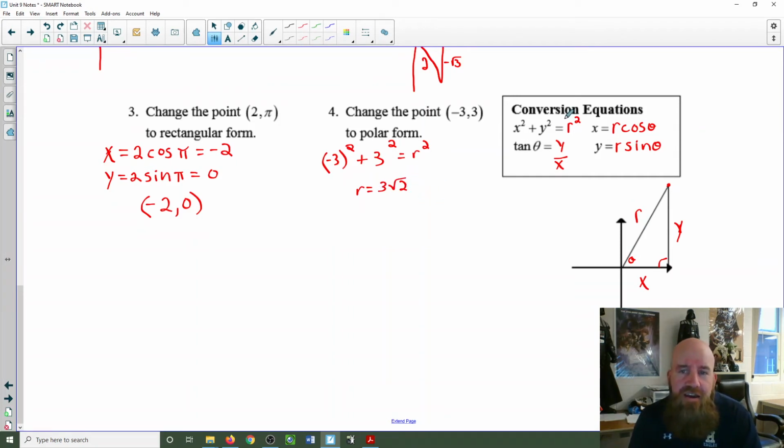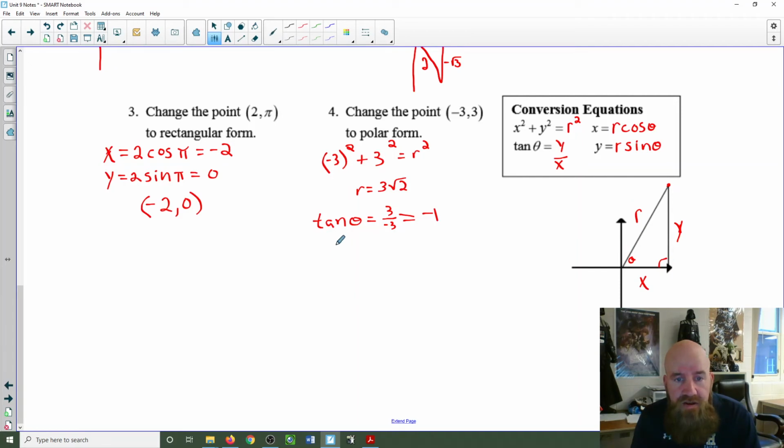And to find a theta given an x and a y, we could use the tangent equation. So tangent of theta equals, y is 3, x is -3, so that would be -1. Tangent would be -1 in the second and fourth quadrant. We're just going to worry about the second quadrant right now. We want to know when it first happens.